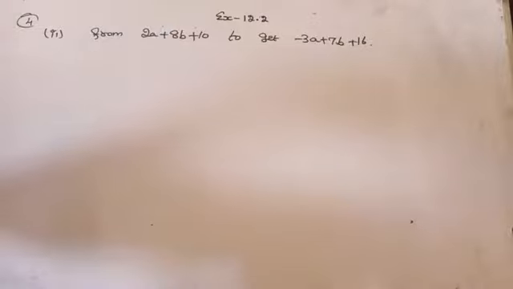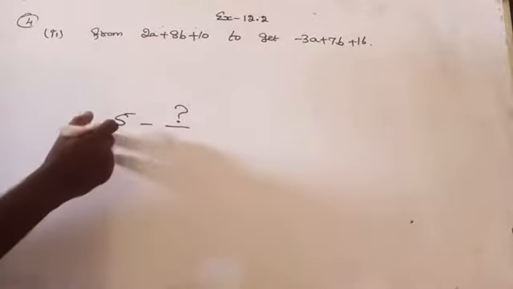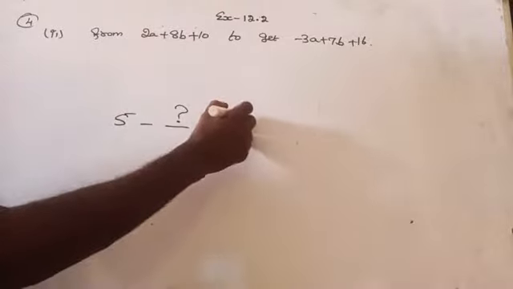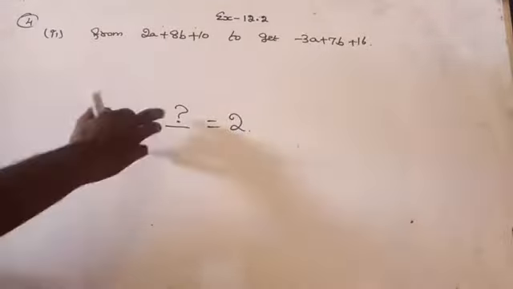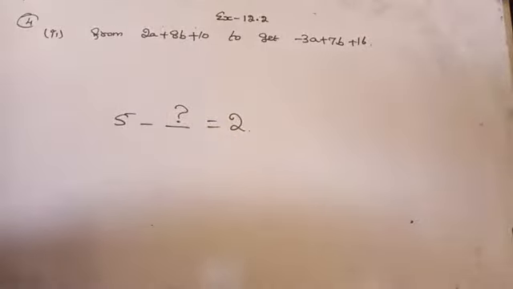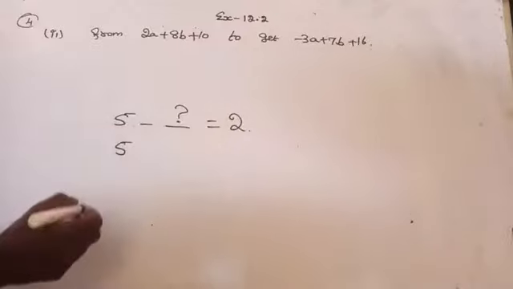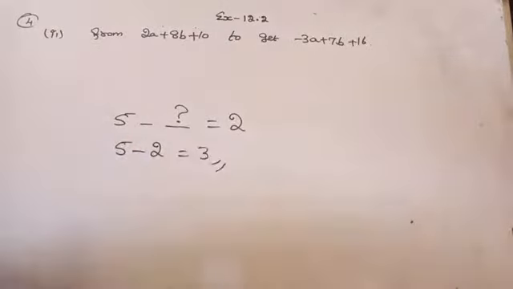Okay, first tell me what should be subtracted from 5 to get us 2? Yes, 3 should be subtracted from 5 to get the result as 2. What you did here is subtract 5 minus 2, which gives us 3.